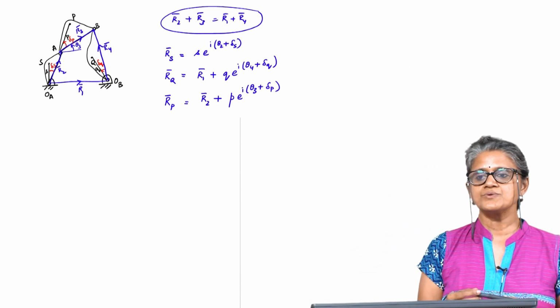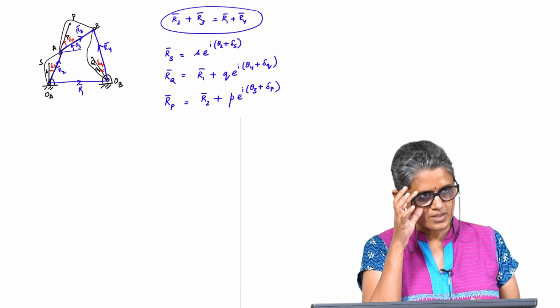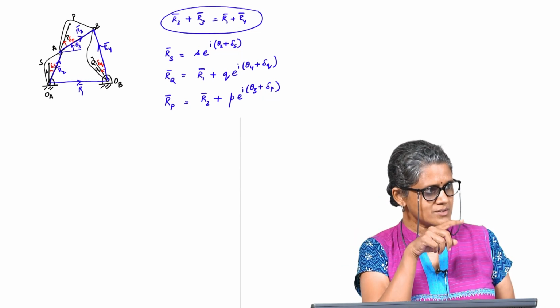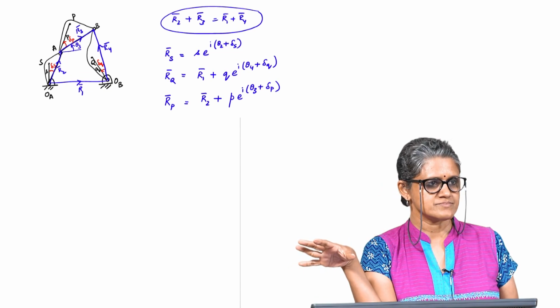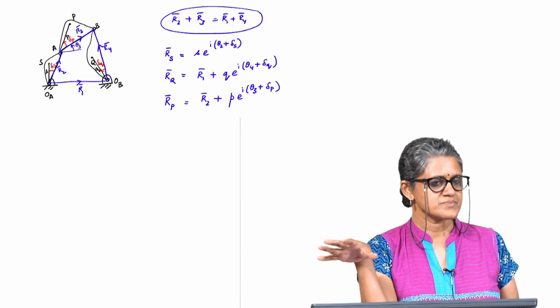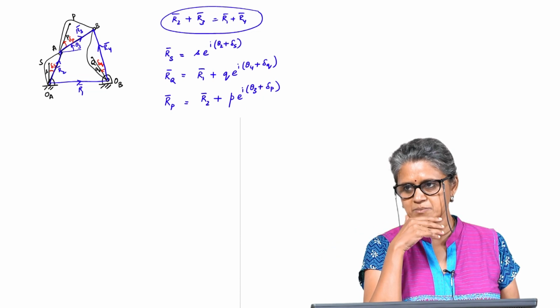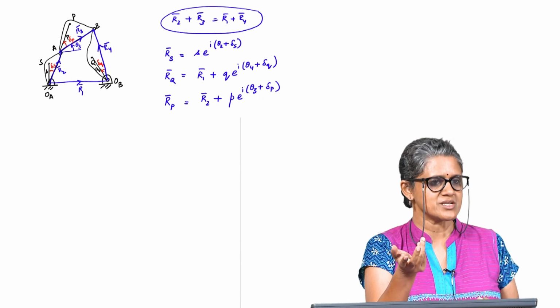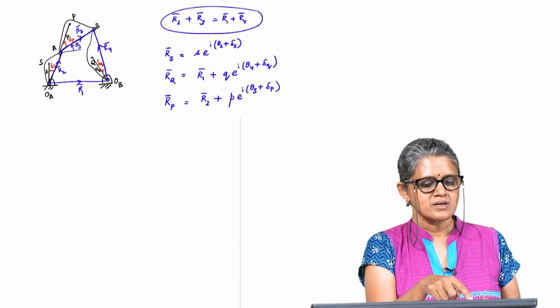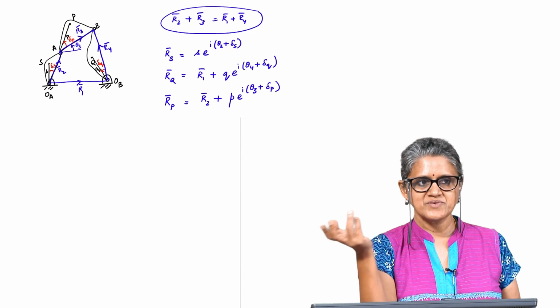So, once you do the position analysis for R1, R2, R3, R4, any point on the linkage is completely determined, because S and delta S will not change, P and delta P will not change even as the linkage moves.